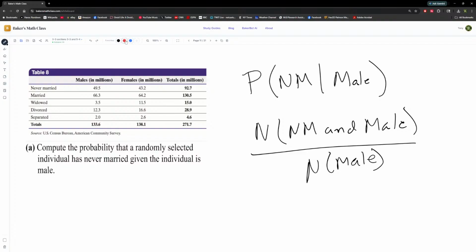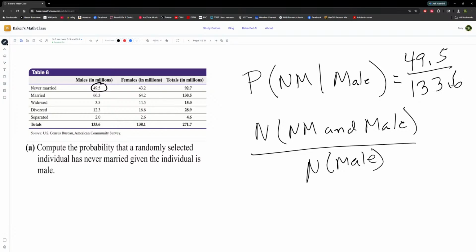This is the biggest difference right here. Normally, we look at the bottom as the total, and on Thursday when we did it, we looked at that bottom as the 271.7. However, in this case, it's going to look at whatever the second piece is. So the given male, we're going to look at that 133.6 as my number down the bottom, because I'm looking at male as that option. So the probability is the number of never married and male, which is 49.5, over the total male, which is 133.6.